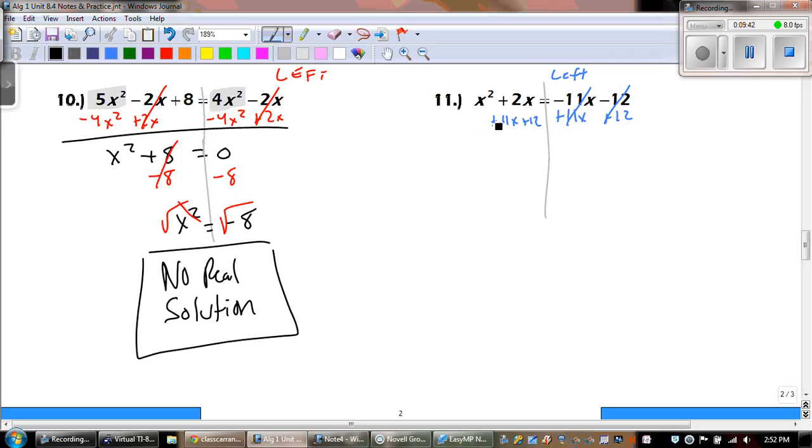Those cancel, and we get x squared plus 11x plus 12x, which is 13x, plus 12 equals 0. Is there a GCF? Nope. So you're looking for numbers that multiply to get to 12 and add to get to 13.